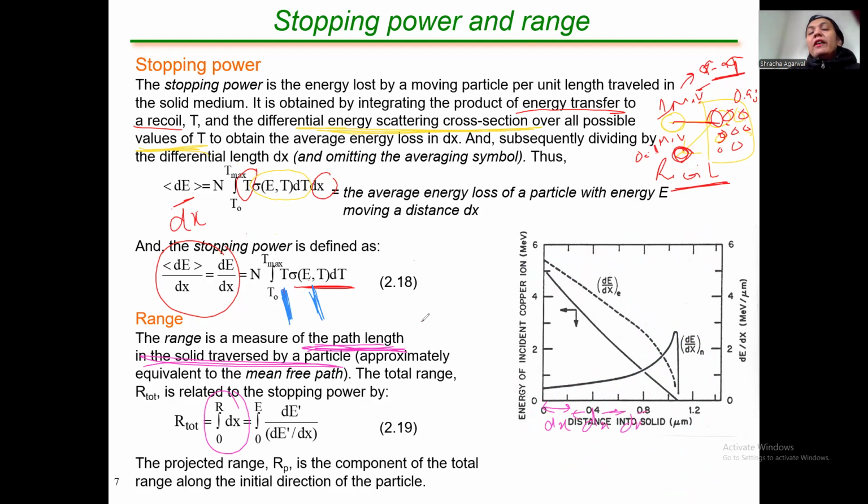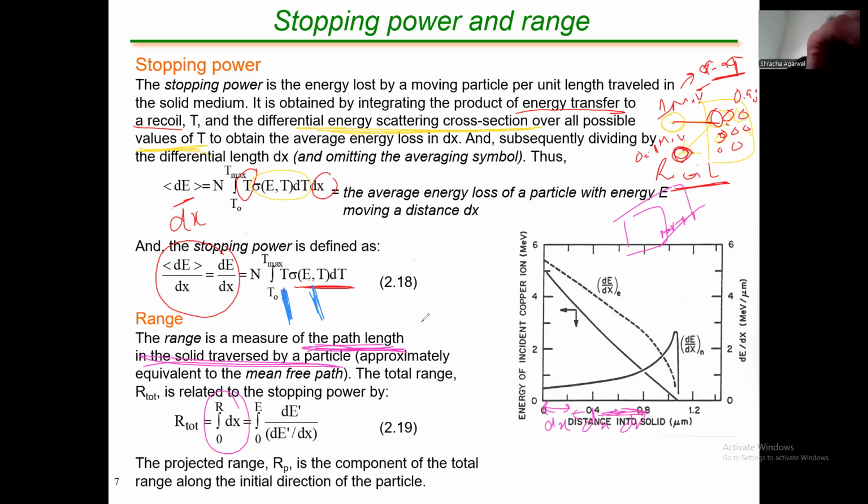Or if I do it in 3D, this was my solid, how much energy loss it is doing per dx. So range is the integration over the entire length on which it is losing energy.